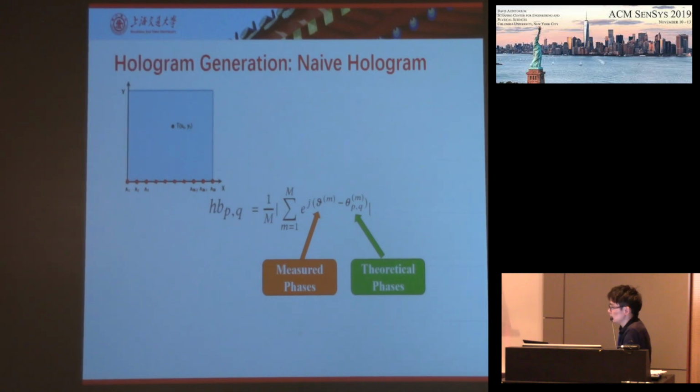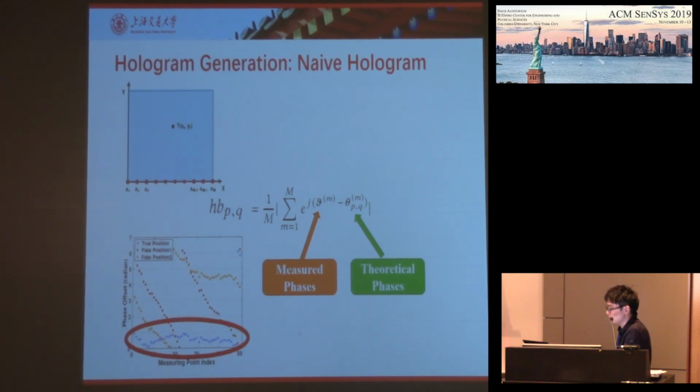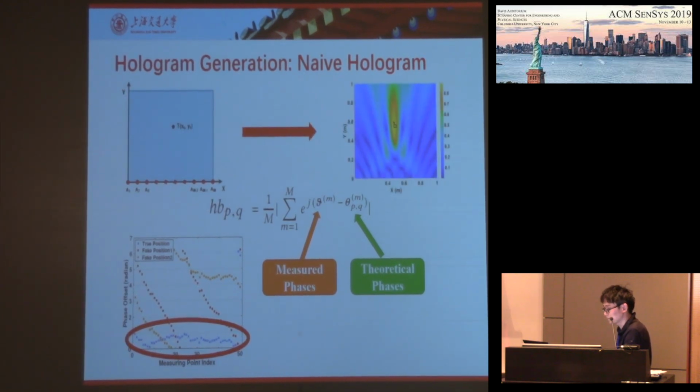This function measures the difference between the measured phases and the theoretical phases of all measuring points. If the supposed position is the ground truth, although there may exist some multipath effects, this difference would be close to zero or a constant, just like this, leading to a large likelihood. Otherwise, it would output a much smaller likelihood for the fake positions. So we got this hologram.